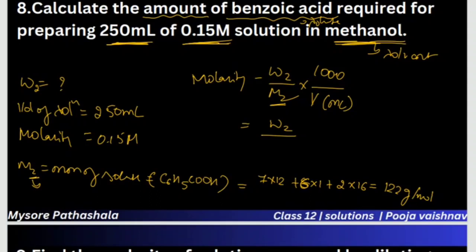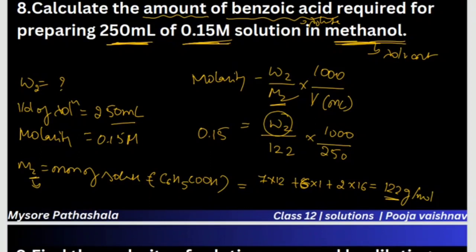So simply what you need to do here is substitute this value, 122. Volume they have given 250 ml, this is 1000, and here the molarity they have given as 0.15. So what we have to do here is find the value of W2.